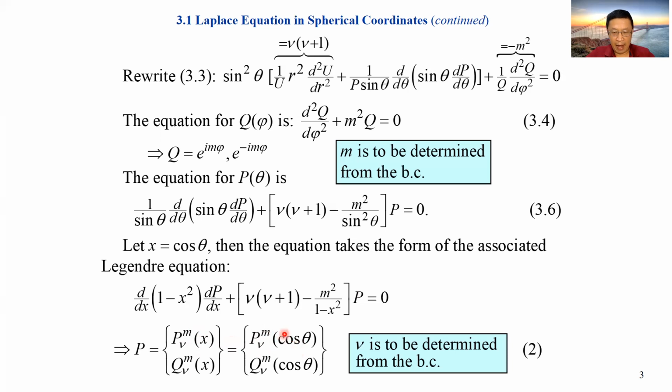Mu and m are to be determined from the boundary conditions. This is a second order differential equation. We should have two solutions. So one is P mu m. The other will be Q mu m. Unfortunately, Q in symbol looks like this Q, but actually they are completely different. This is the solution for phi dependence. And that's another one.